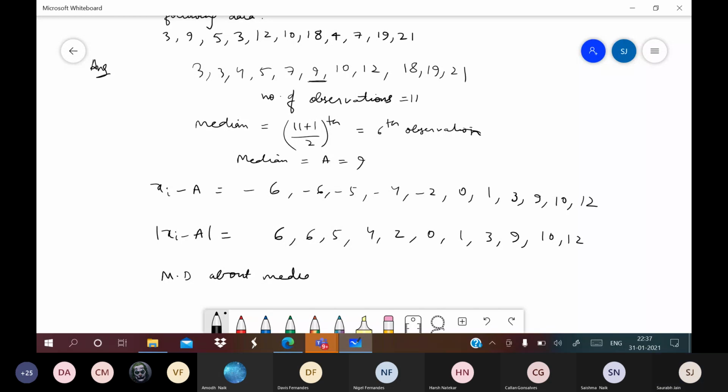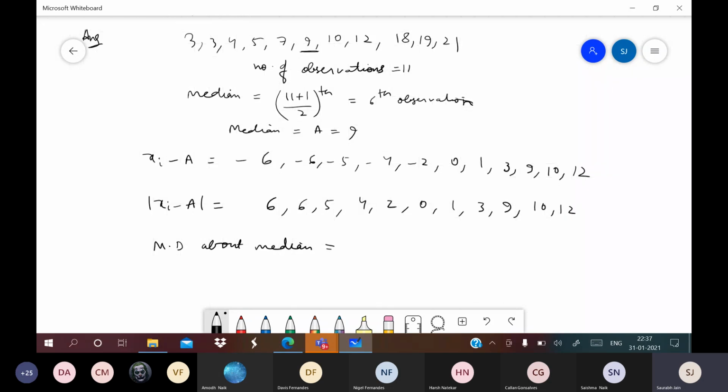So simple. I told you in the previous class also that if you know how to find mean and median, and you know the formula of class 11th statistics, you will be able to solve it very easily. Now what is left? Just add all of them and divide by the number of observations, which are 11.